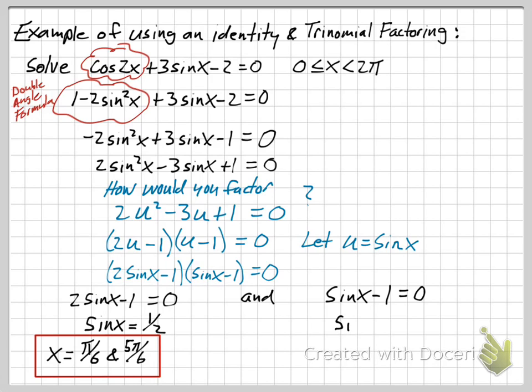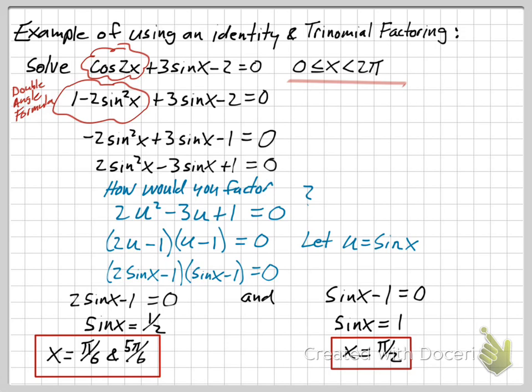And where does the sine equal 1? It says on the interval, and everything coterminal to these guys. Well, everything coterminal to these three solutions is going to be greater than the interval that they want me to find. They just want all solutions between 0 and 2 pi. So every single coterminal angle of these guys is going to be too big out of that interval, so I don't have to worry about it.